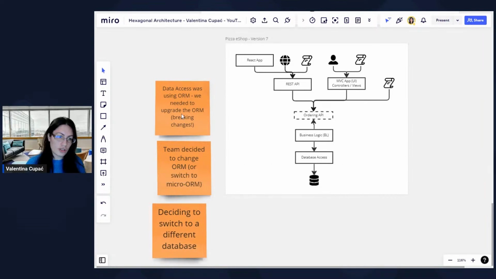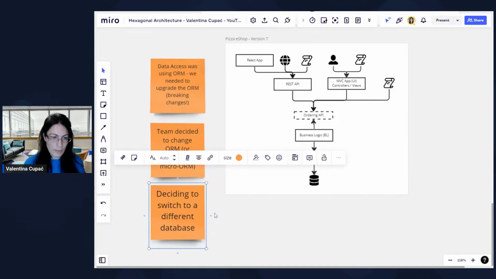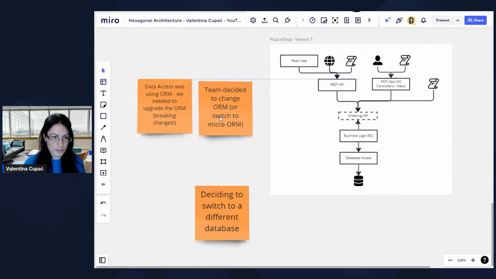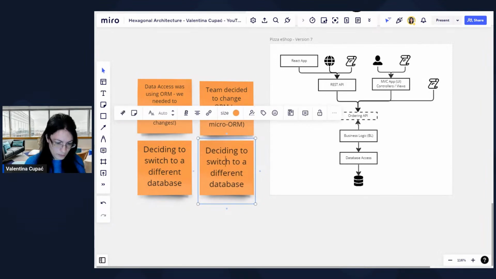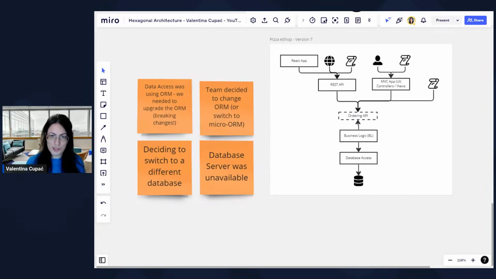So maybe they were initially using Postgres, but then they had some discussion and realized that perhaps MongoDB would be a better choice. Or we also could have the situation that the database server was unavailable for whatever reason. So let's say the database server on the test system was unavailable and all testing was blocked or something like that.